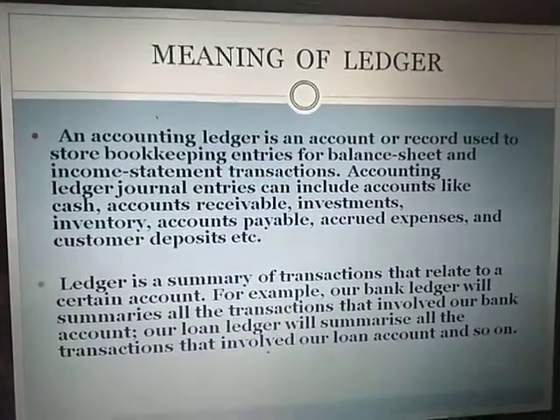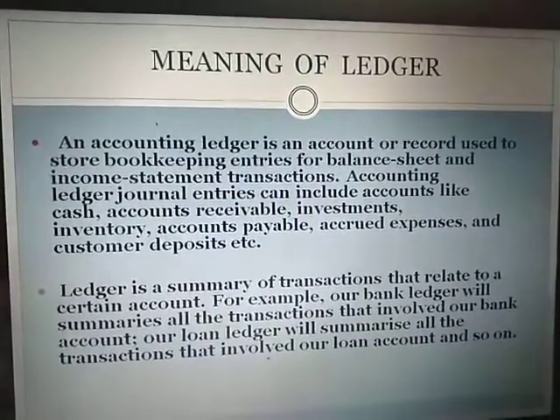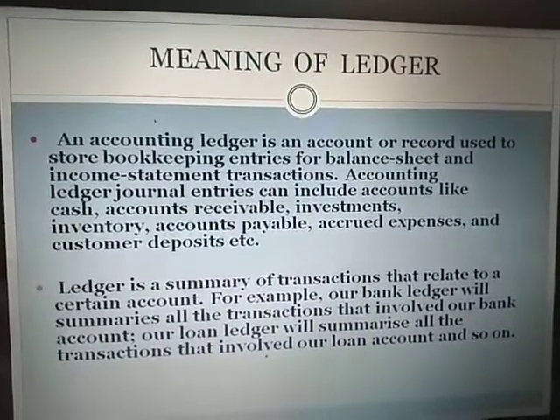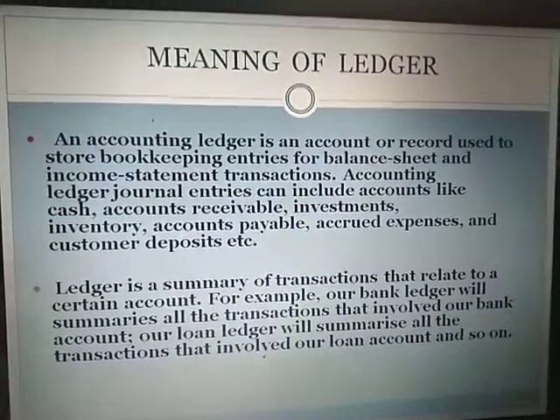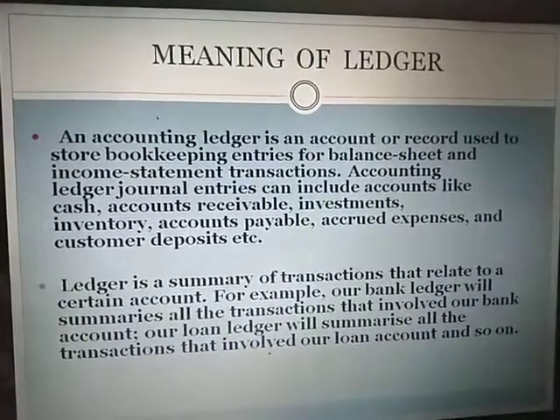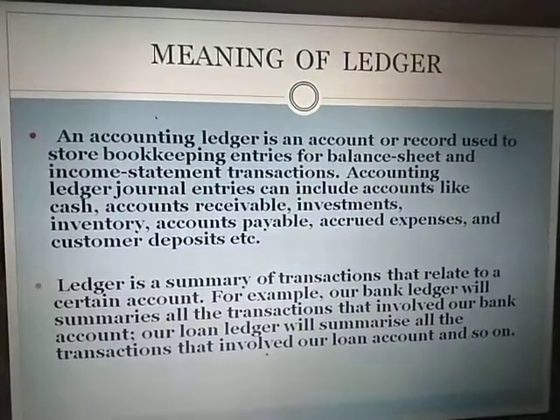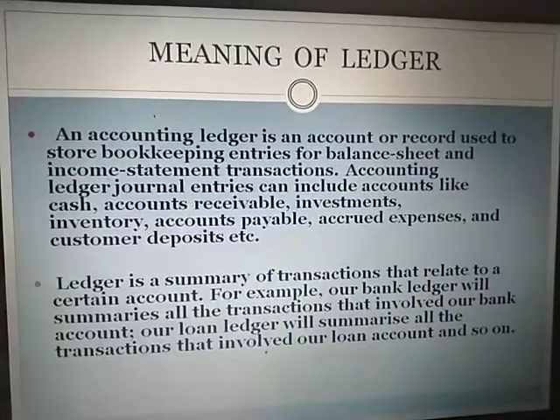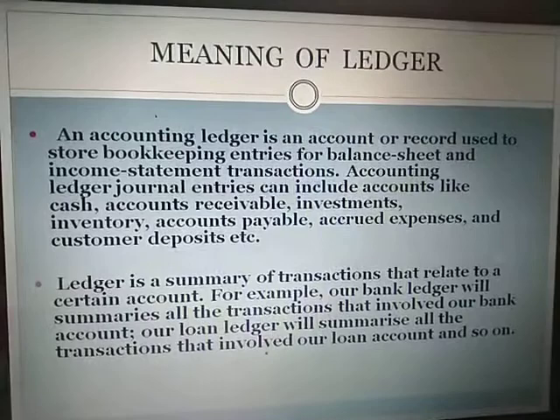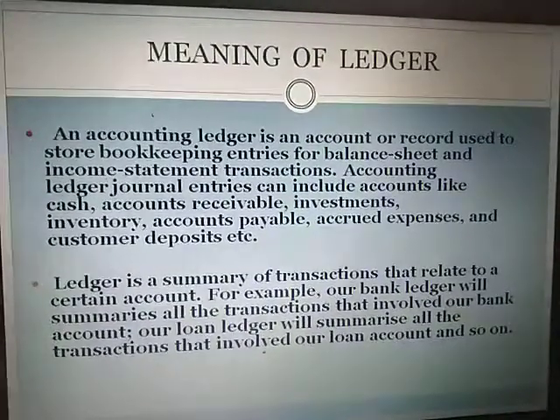Similarly, if I take the example of bank account, we will maintain details of every transaction related to banking. That means whether we have deposited money or withdrawn money, or received a check, every detail will be given in that bank account. So generally, ledger is a summary of every transaction relating to a particular or specific account.